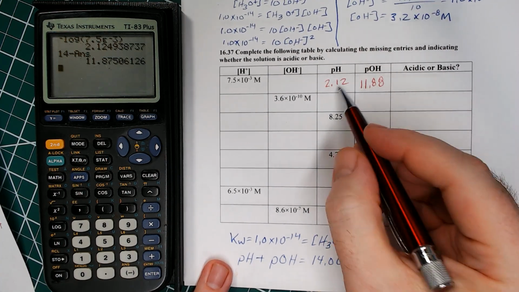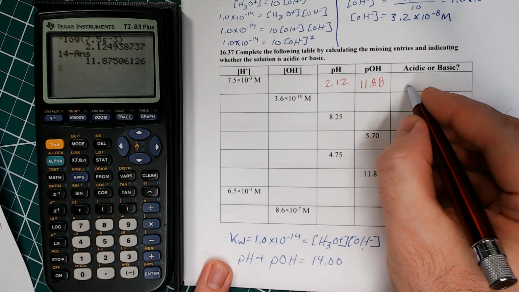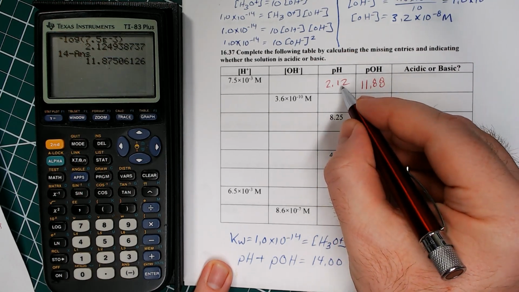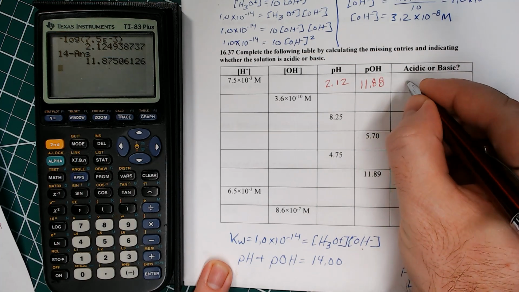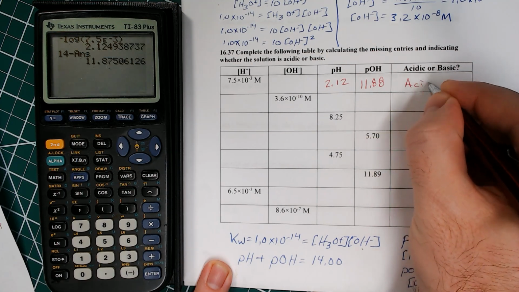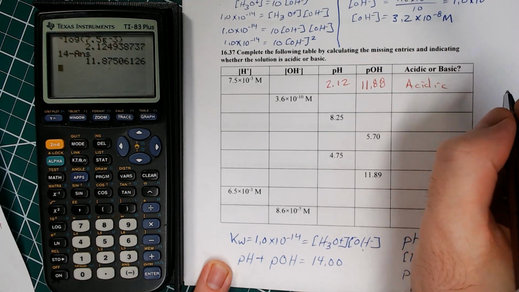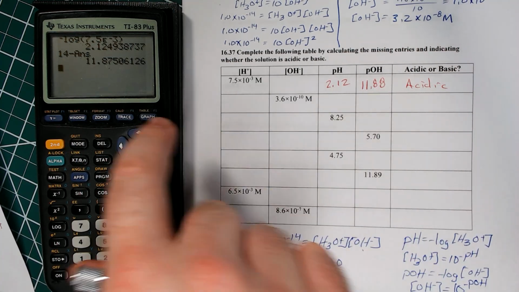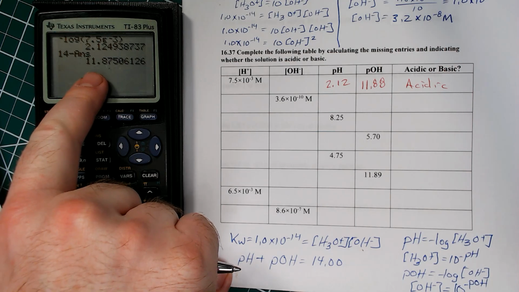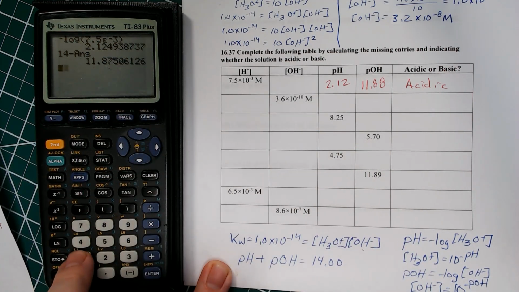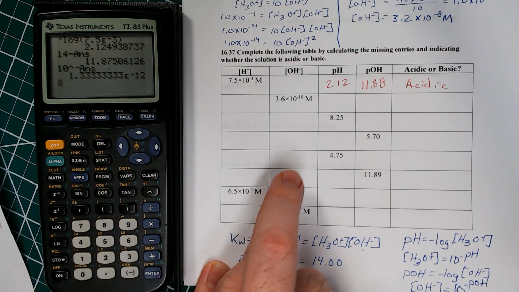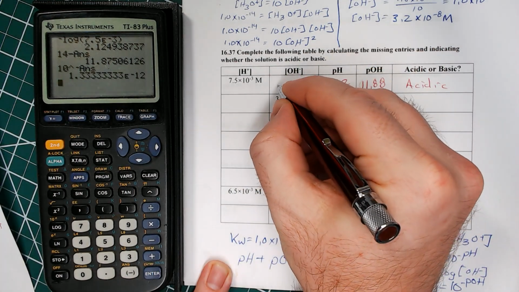Once we know the pH, we can determine if it's acidic or basic. If the pH is below 7, it's acidic. If the pH is above 7, it is basic. So this one is acidic. All right, now I'm just going to take that 11.875 and do 10 raised to the negative of our answer, and that will give us our hydroxide ion concentration.